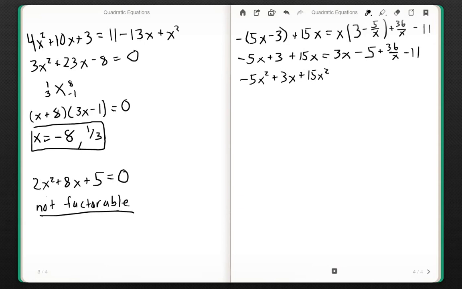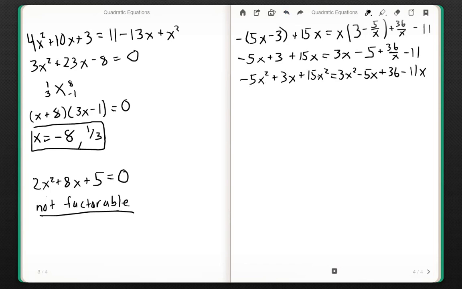This will become an x squared term. So will this. And 36 over x times x will just be 36. Now, combine the negative 5x squared and the 15x squared to get 10x squared. Actually, let's see if we can do this all at once.